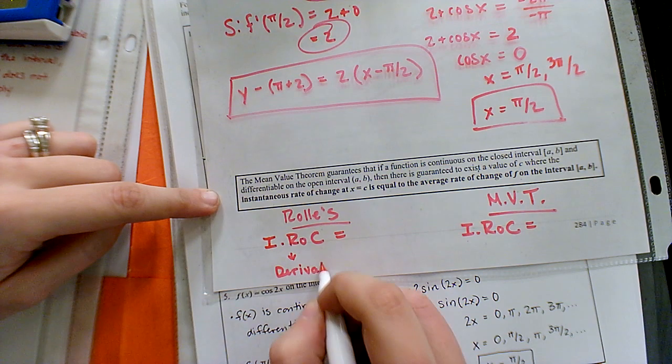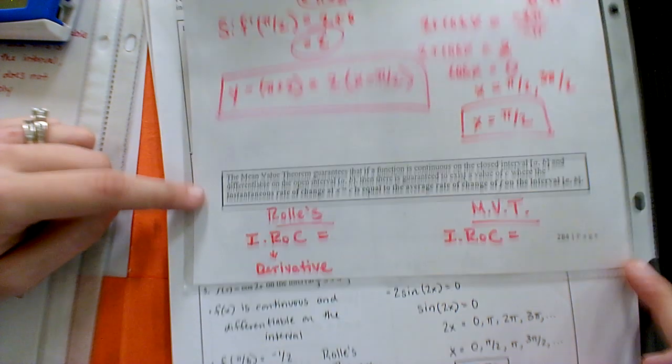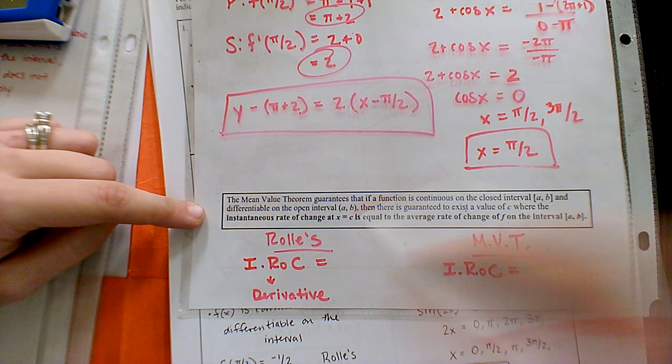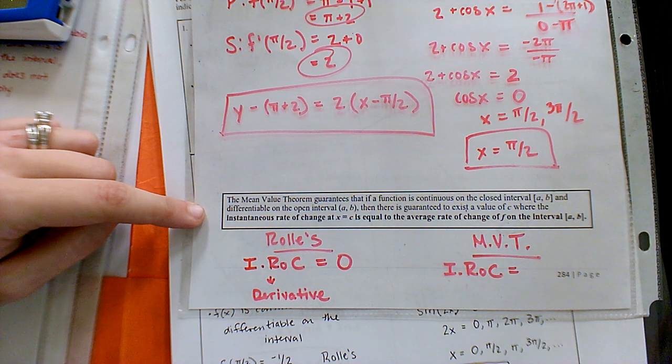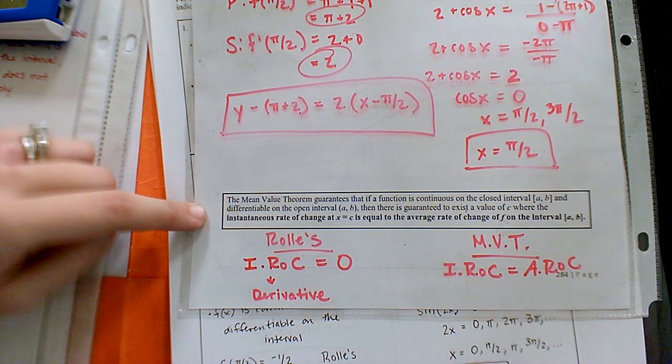Instantaneous rate of change means derivative. What's the difference between the two? Rolle's equals 0. Yep. And then the other one equals the average rate of change, AROC for short. Good.